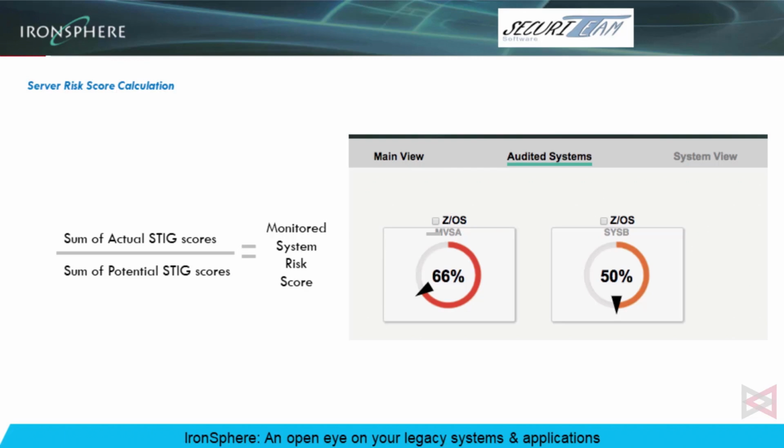So we calculate the overall severity levels, the actual severity levels assigned to the checks, accumulate them and divide them by the potential, because each check has a predefined potential severity, maybe assigned, maybe not, and the result is a percentage which obtains the monitored system risk score.